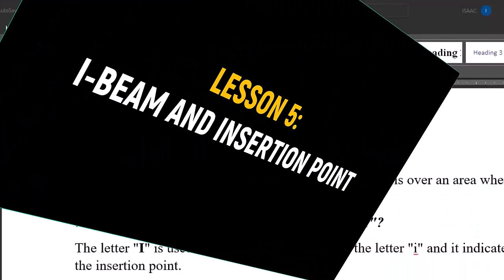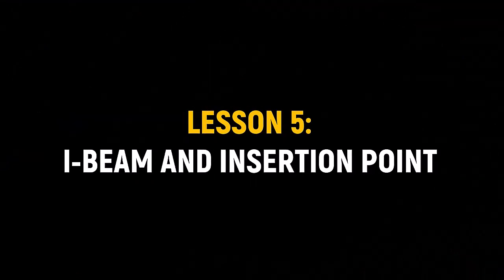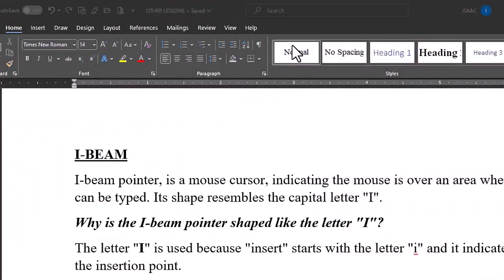So that is how to use the shortcut way. Alright, we'll continue by looking at I-beam and insertion point. We are saying that an I-beam pointer is a mouse cursor indicating the mouse is over an area where text can be typed. Each shape resembles the capital letter I. So one may ask, why is the I-beam pointer shaped like the letter I?